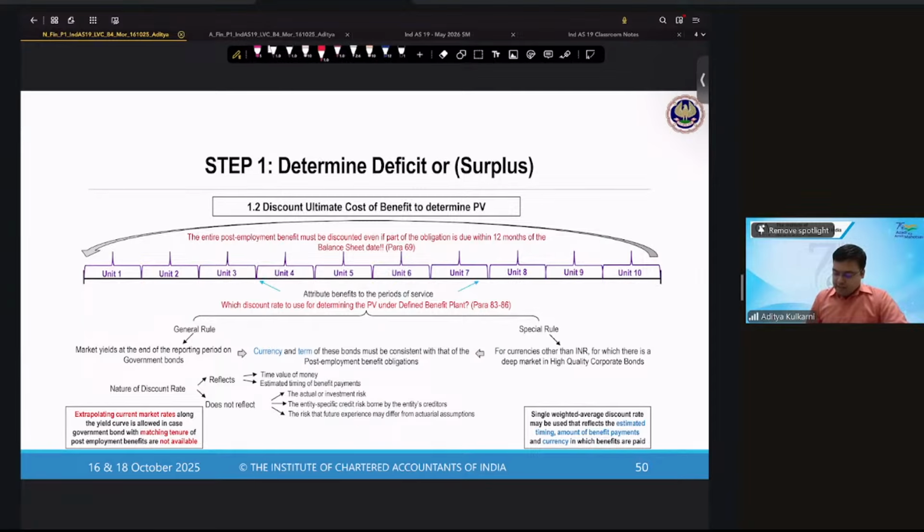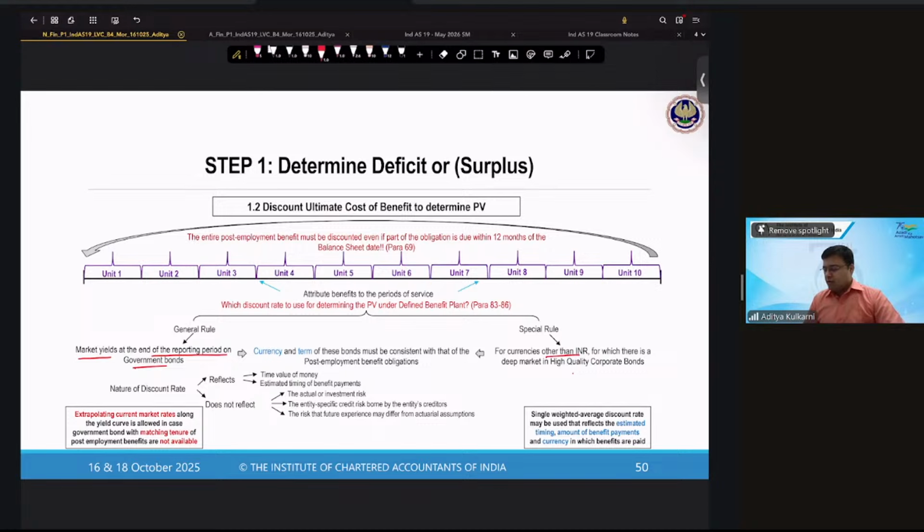So which discount rate to use? This is all everything the same. Which discount rate to use? Market yields at the end of the reporting period on government bonds. This is very clear. For currencies other than INR, you have a foreign subsidiary, you have employees who are outside where you are compensating under those rules. Okay.